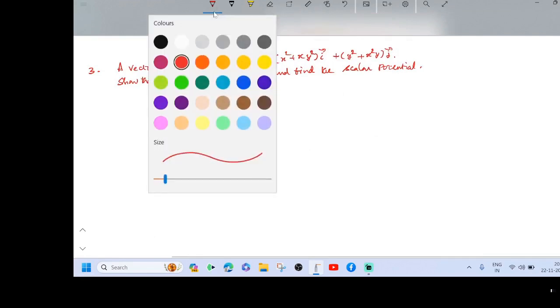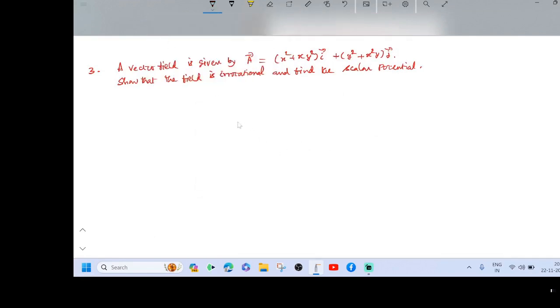See this problem. A vector field is given by vector A equal to x square plus x y square into i, plus y square plus x square y into j. Show that the field is irrotational and find the scalar potential. A is given to you.